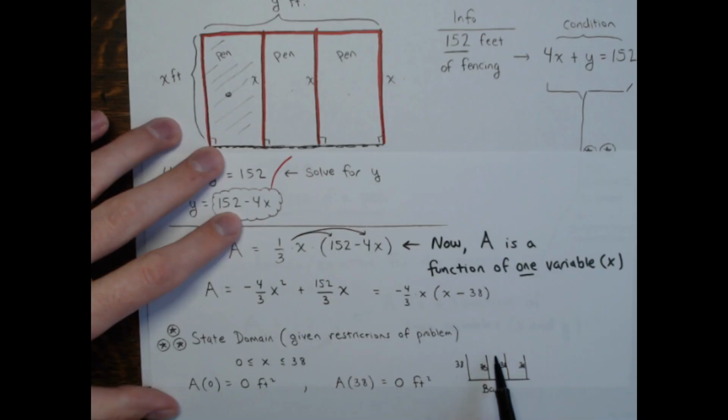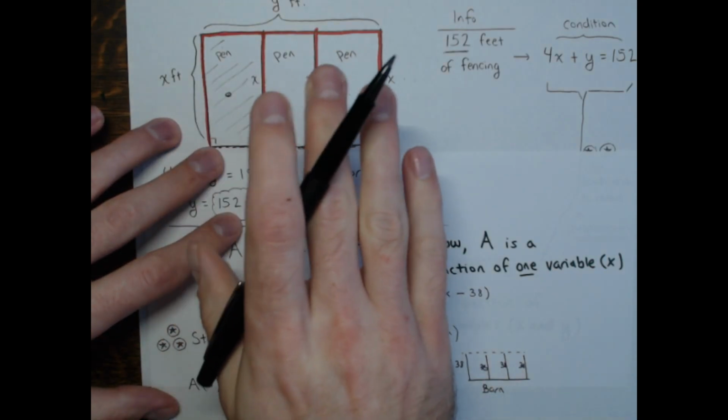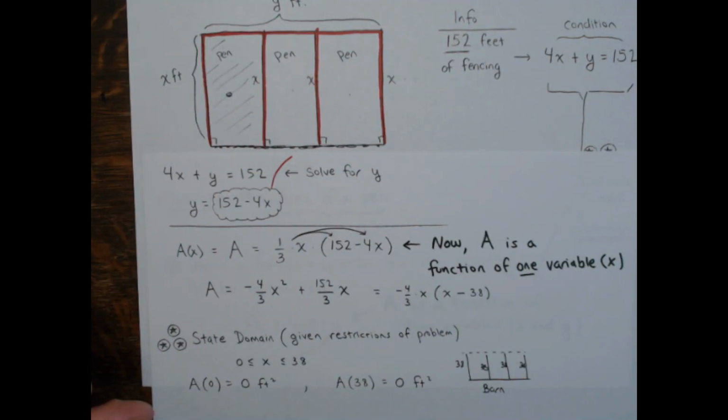So there'd be nothing to put up here across. There'd be no more fencing for the top. And so you'd have no area. You'd have no rectangles, no pens. So that's why when I plug in 38, no square feet, no area.